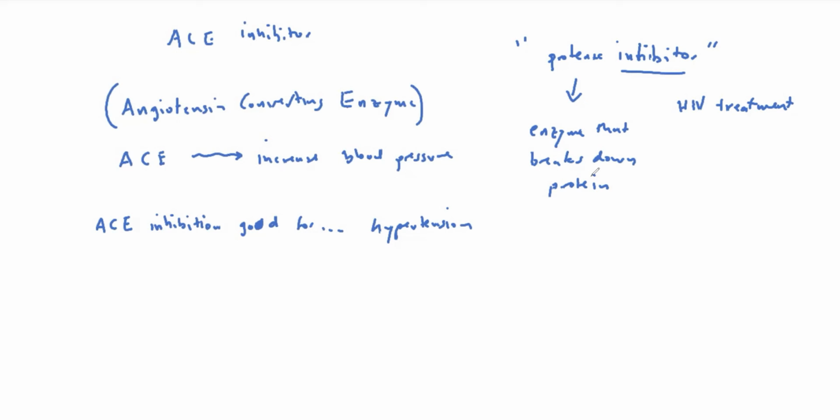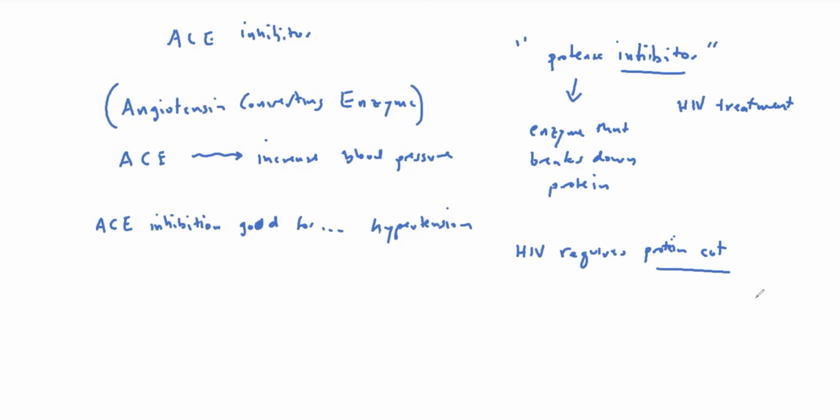Now, the reason for this is that in order for HIV to complete its cycle, HIV requires protein cuts to be made in its genome in order for it to complete its cycle.